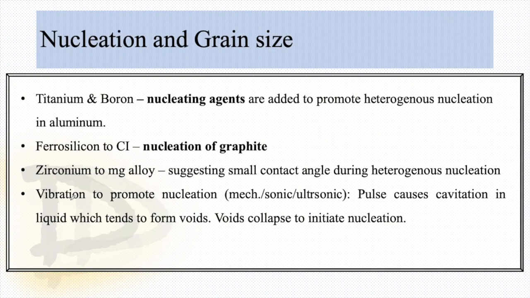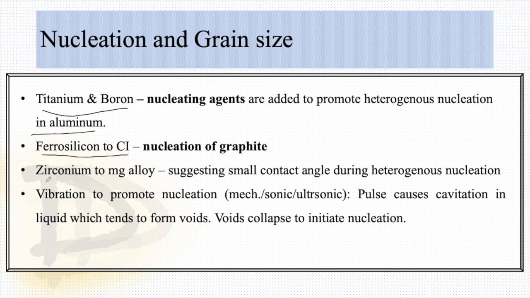In casting, usually for nucleation and grain size, we try to use titanium and boron as nucleating agents, which are added to promote heterogeneous nucleation in aluminum. We add ferrosilicon to cast iron for the nucleation of graphite.